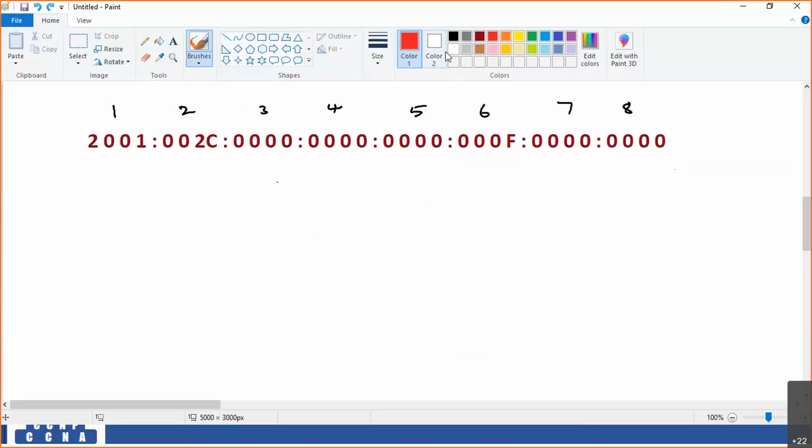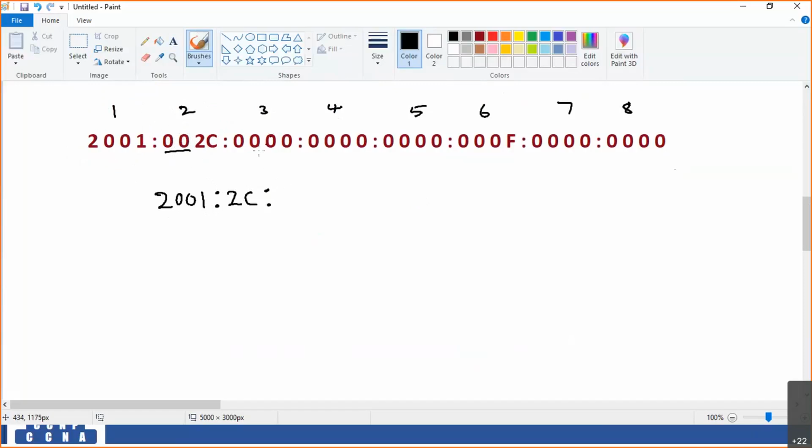The first field stays as is, 2001 colon. In the second field, the first 2 zeros are leading zeros, so we omit them and write 2C colon.